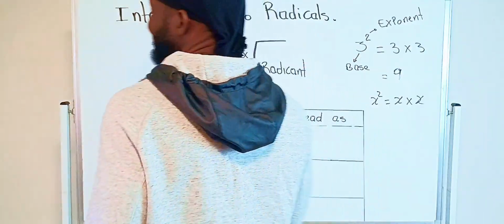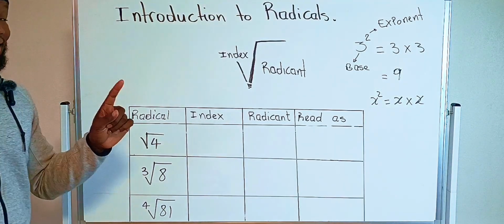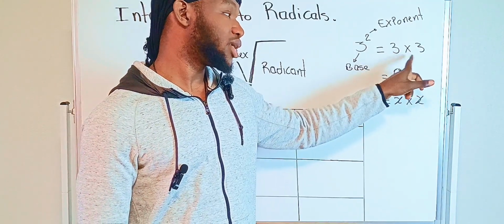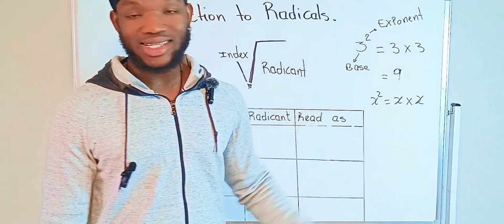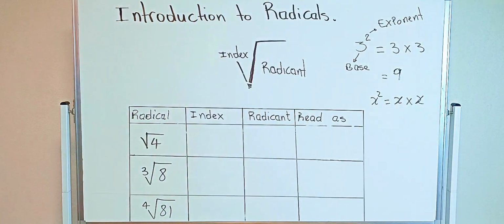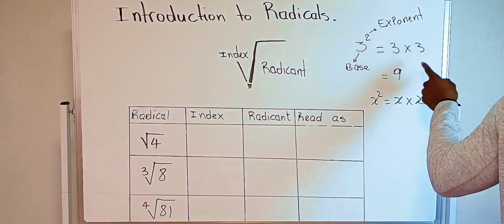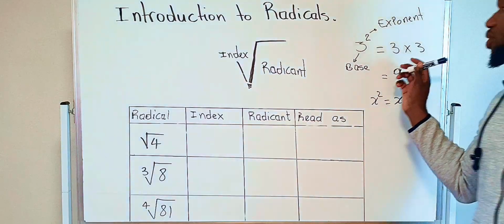I mean 9 is the product of two identical factors, three and three, they are the same, right? Identical rational factors. Three, they are rational numbers, right? So exactly, this is the definition for perfect square.